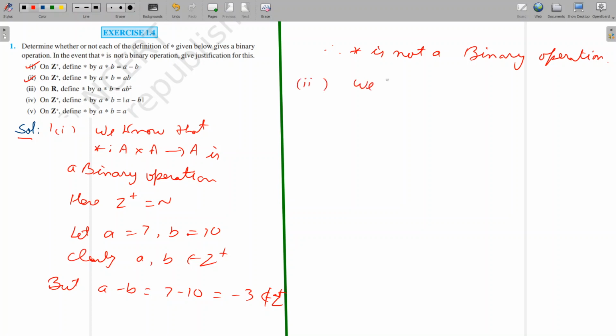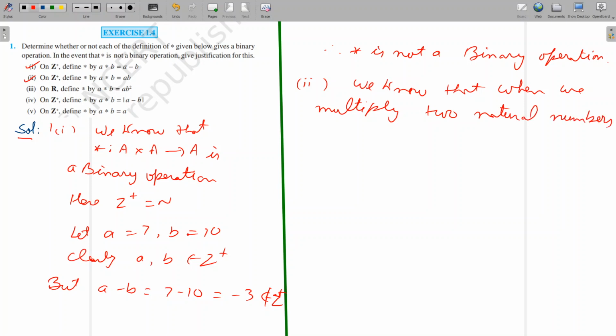We know that when we multiply two natural numbers, then their product is also a natural number.